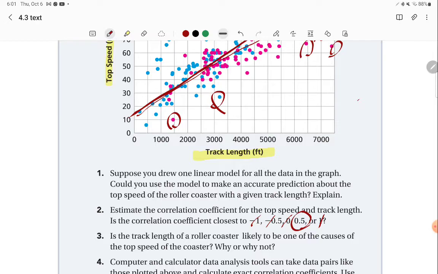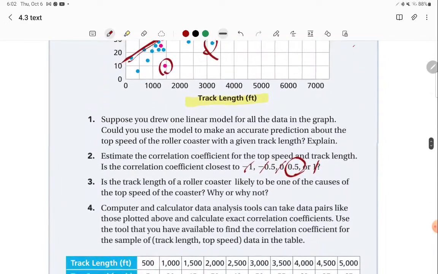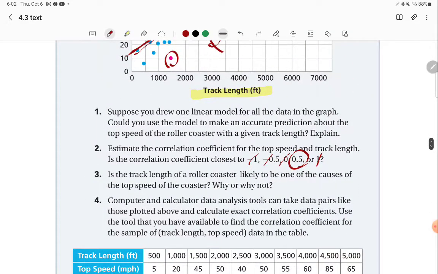Why or why not? Since there is a positive correlation, the answer would be yes. Even though it's not a strong relationship between the two, there is a relationship. So track length does affect top speed in some way.